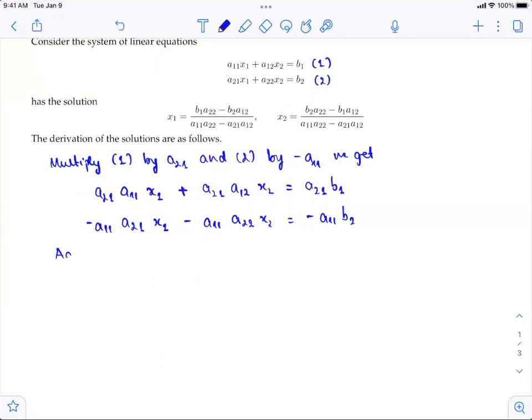Adding the two equations, we obtain the following.